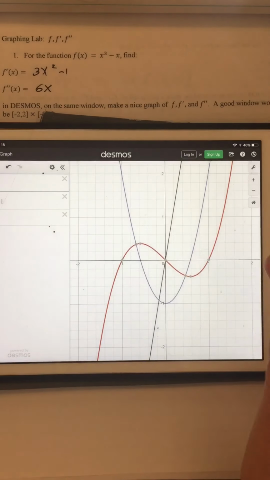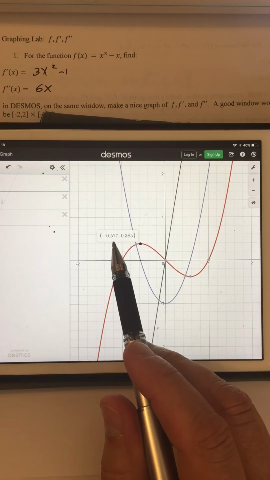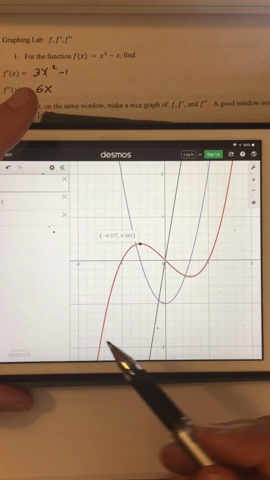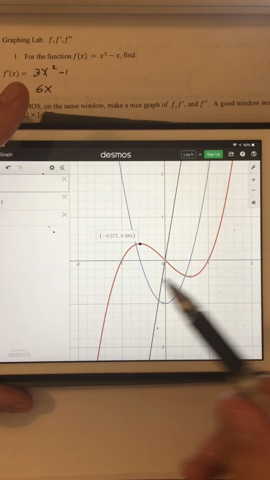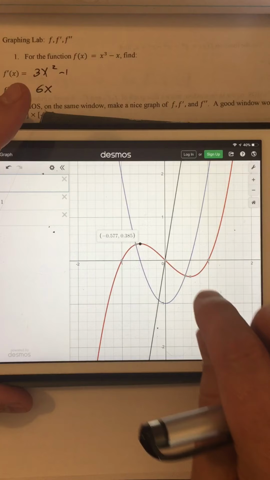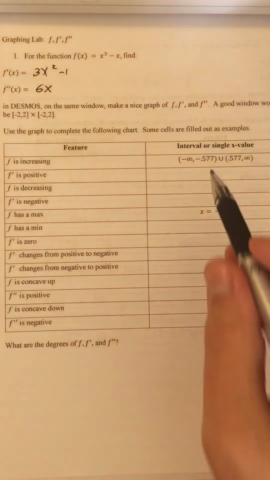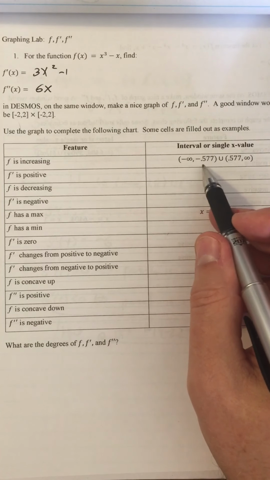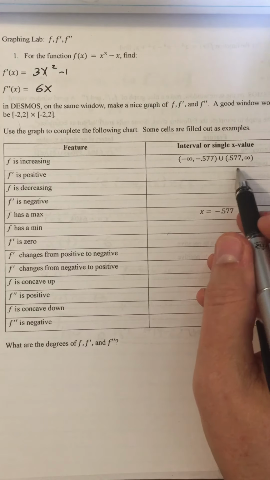Another nice thing about Desmos, I can just tap it and it tells me that that maximum is -0.577. So now I know that the increasing part is -infinity to -0.577. And then the other minimum is positive 0.577. So that's how we knew that the increasing intervals were -infinity to -0.577 and 0.577 to infinity.